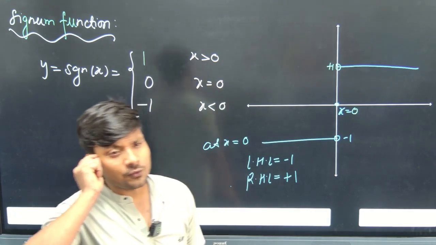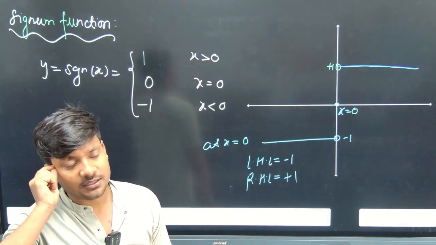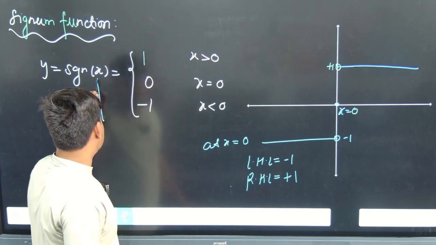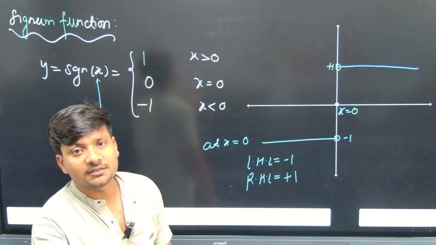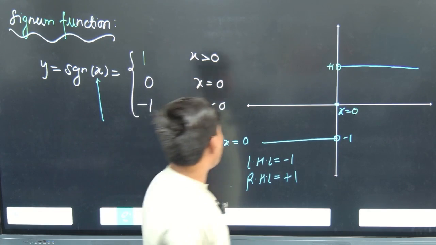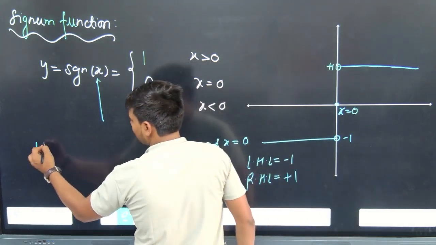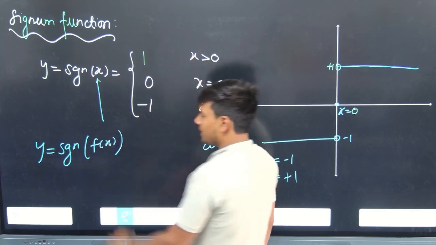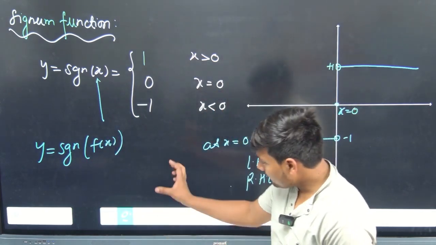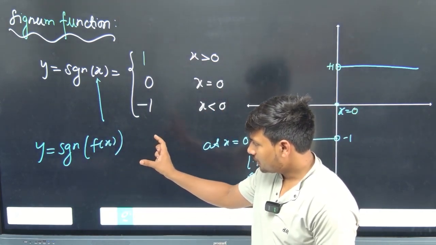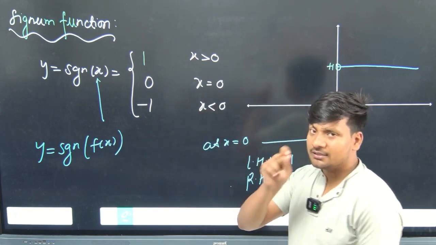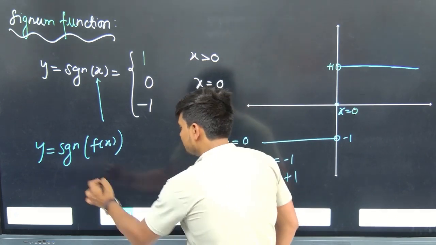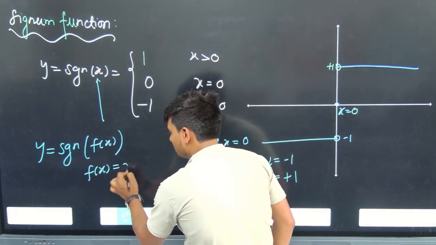So we have to be very careful about Signum function in the input, that is x. Whenever this x is 0, this function will not be continuous. For example, suppose we have a function Signum of fx and we want to check the continuity of this function, then simply you have to take only one step, that is check when fx is 0.